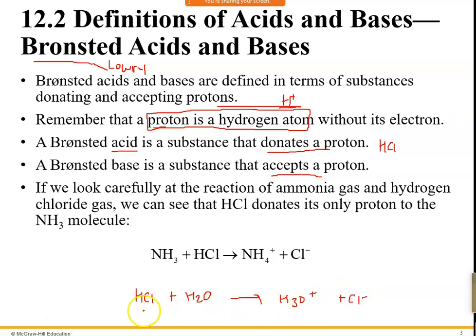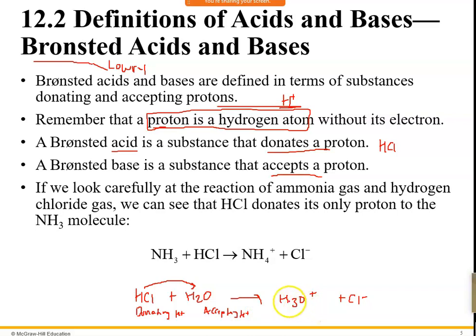So what's happened is the HCl gives its proton to water. It donates. So this is donating a hydrogen, donating an H+. And what's the water doing? Well, the water is accepting the H+.